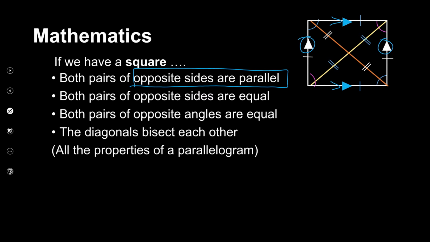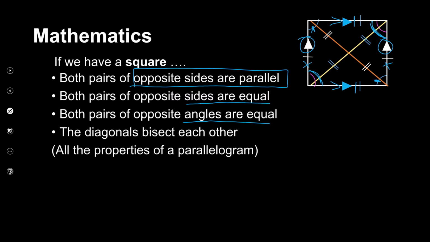Then both of these pairs are also equal to each other. Hence, this will be equal to that, and this here will be equal to that. Both of the opposite angles in terms of the pairs are also equal, making this here equal to that there, and making this equal to that there, right?